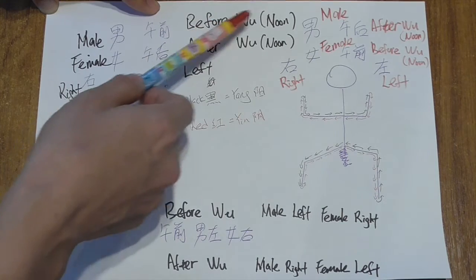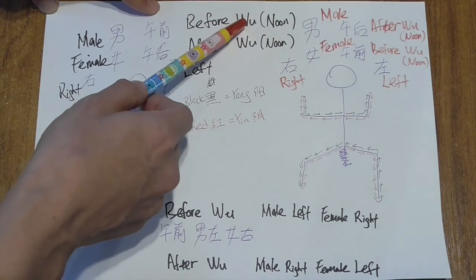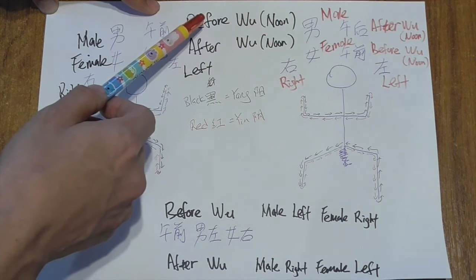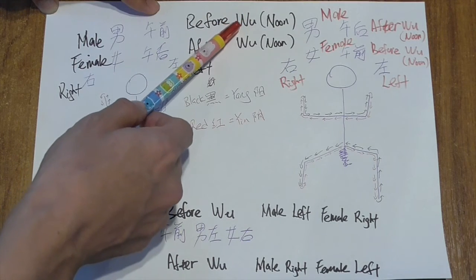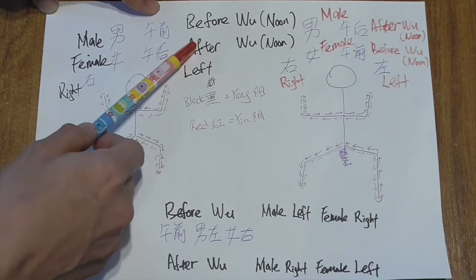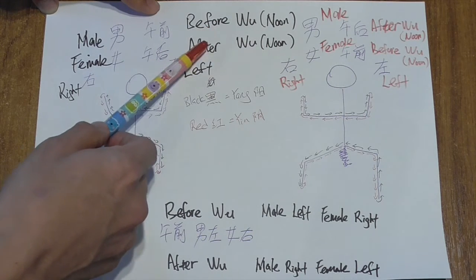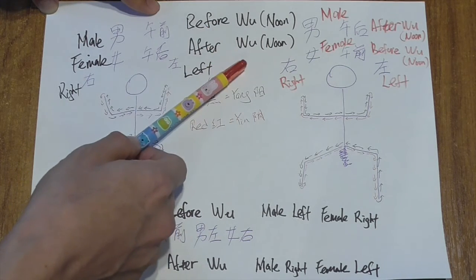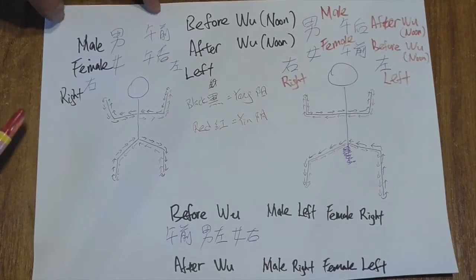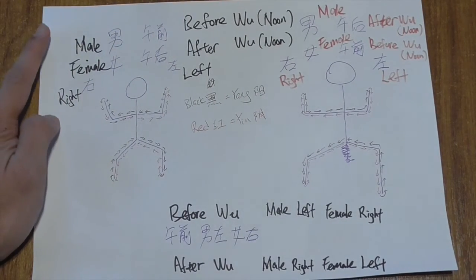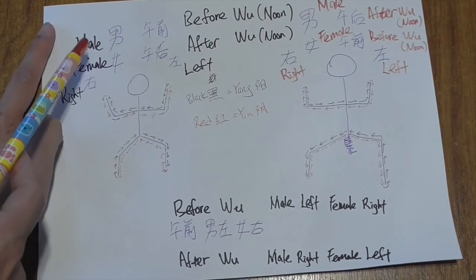When I say before noon, which before 午, that is mean before 11 a.m. After 午, afternoon, which means after 1 p.m. Okay. All right. Now we're gonna go to that one.